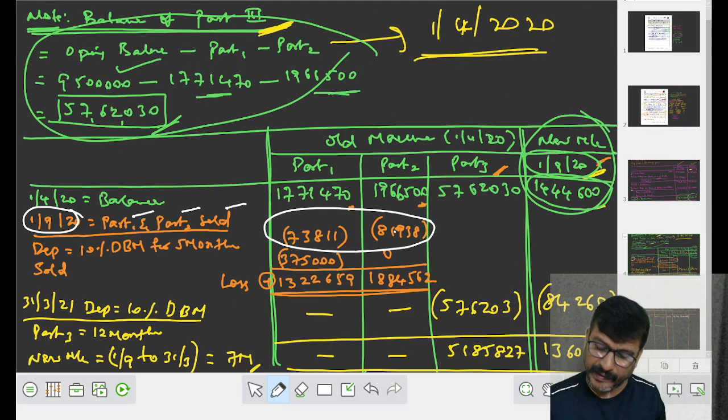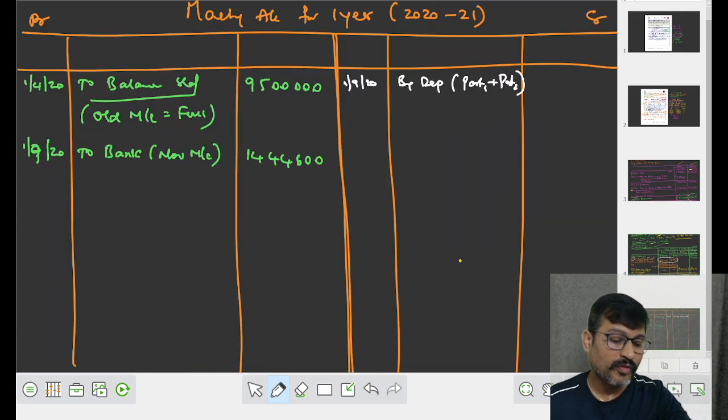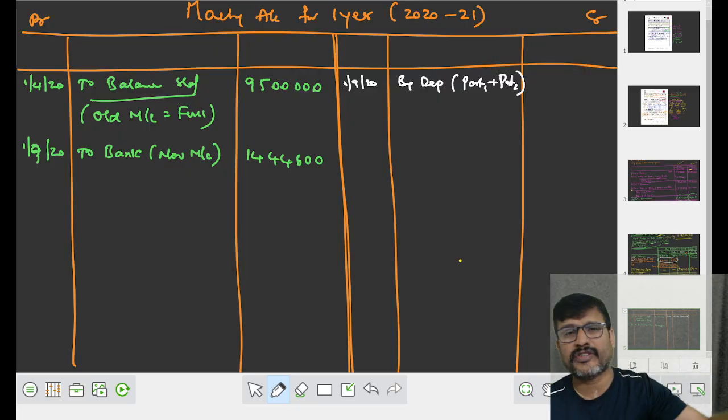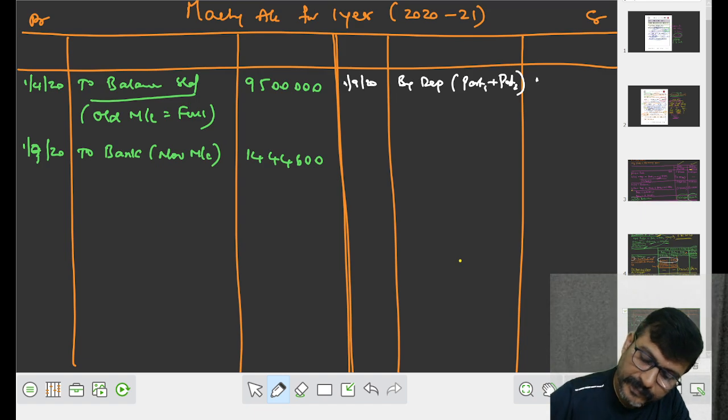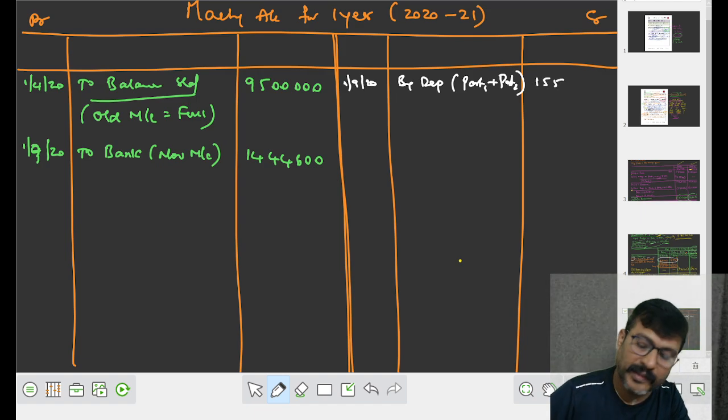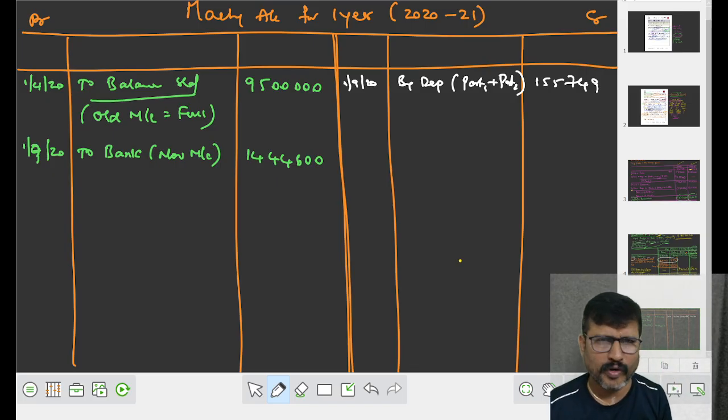The added number of these two, 73,811, 81,938. If you add both the numbers, we are getting a depreciation of rupees 1,55,749. I hope you got it right.